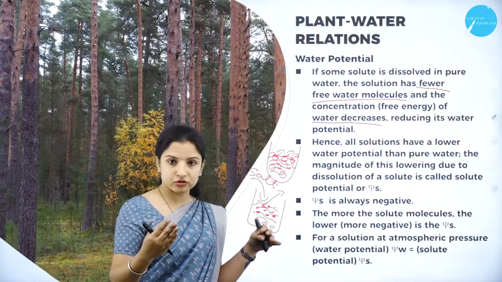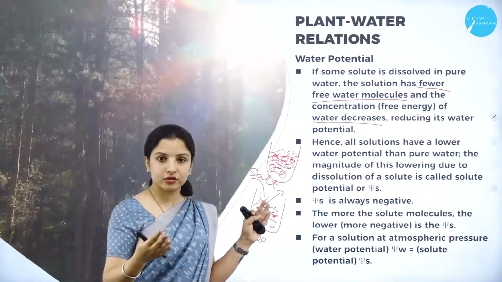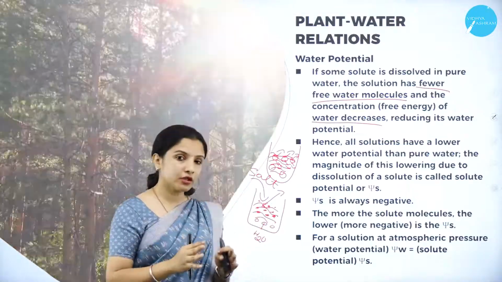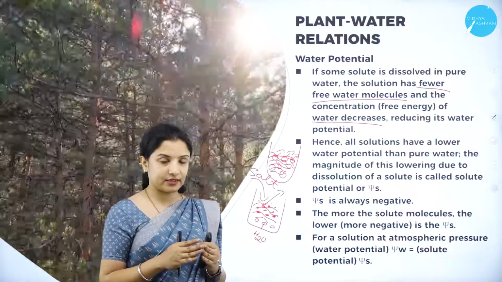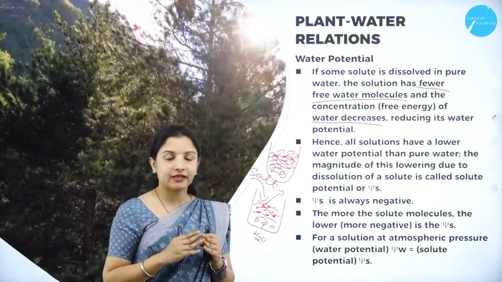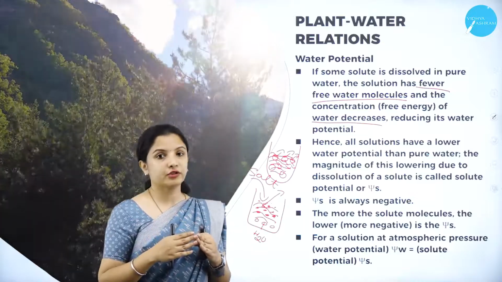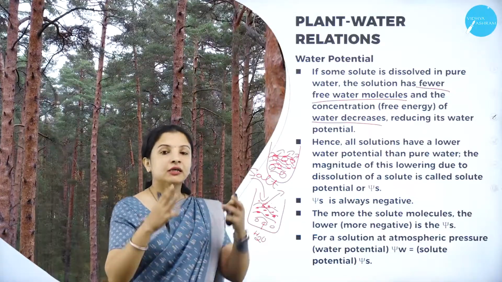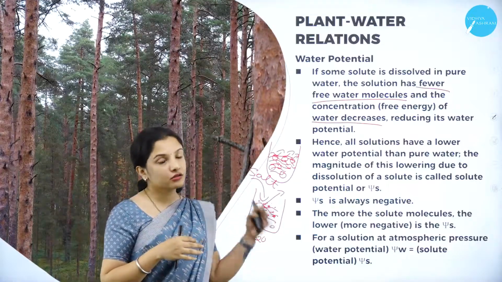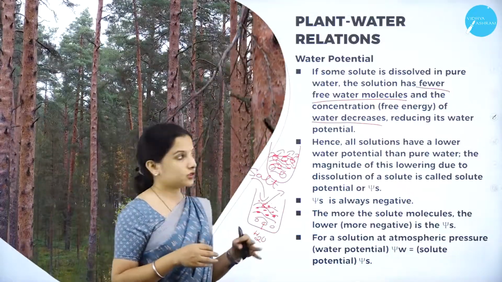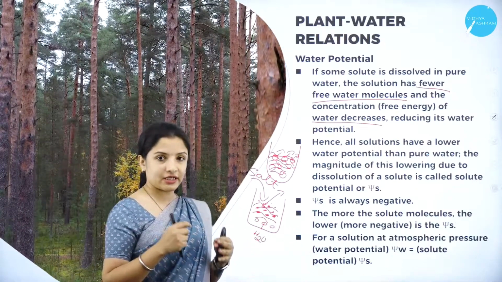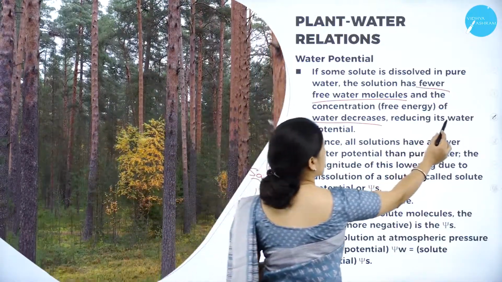The salt molecules, or the solute molecules, will be more, and the water molecules will be less. So when the solute molecules are more and the water molecules are less, the free movement of water will be interrupted, right? It will be difficult for the water molecules to move freely. Why? Because the energy of the water molecules would have been reduced by the solute that has been dissolved in the water. So the concentration of water decreases, reducing its water potential.